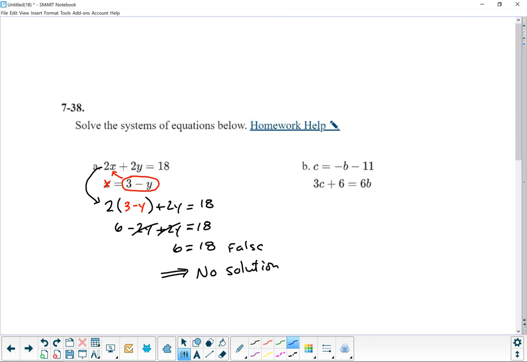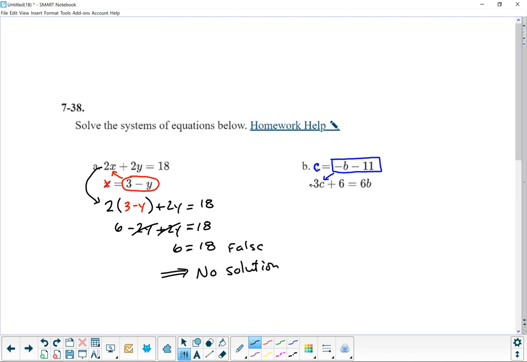Okay, this one over here. C is equal to negative b minus 11. So we're going to put that in place of the c.